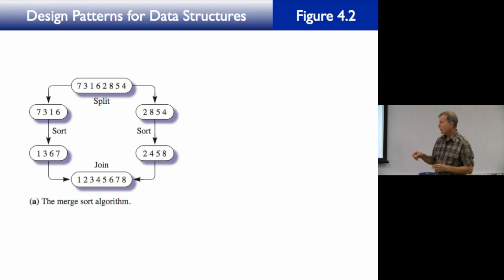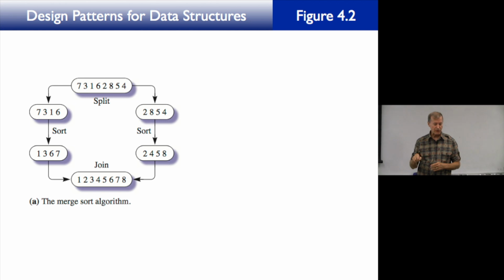Part A of figure 4.2 shows how the merge sort algorithm works. Let's suppose the original list is the elements 7 3 1 6 2 8 5 4. How does the split happen with this one? What's on the left? It's just the left half, right? It's just 7316. And then the right half is 2854. So the split is real easy.